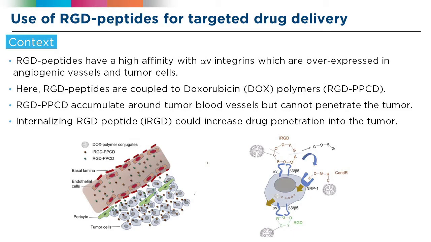So the authors have developed a derivative of those RGD peptides that they have called internalizing RGD peptide, or IRGD. And the hypothesis is that IRGD could increase the penetration into the tumor thanks to the activation of neutrophils. So here again, the same drawing, you see IRGD PPCD, so the internalizing peptide in red, and you see that it can accumulate around blood vessels, but also it can penetrate into the tumor.